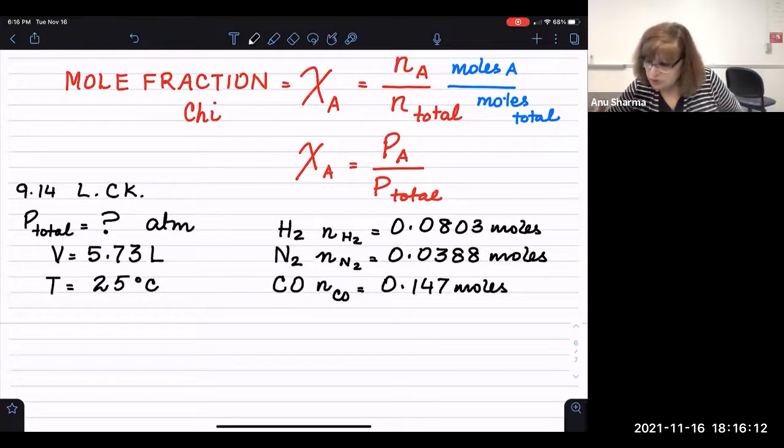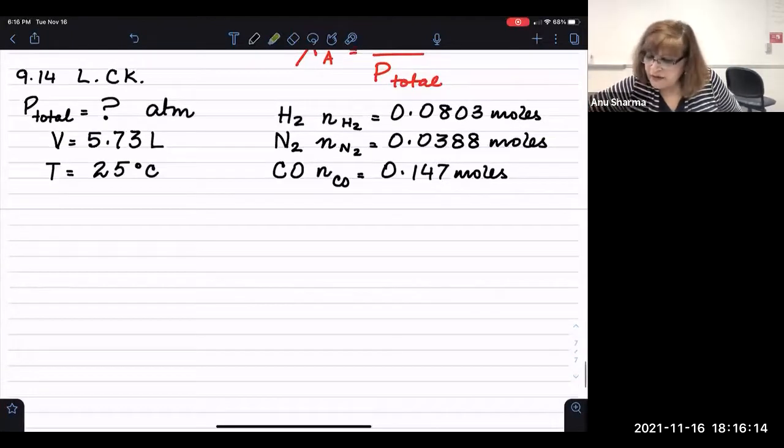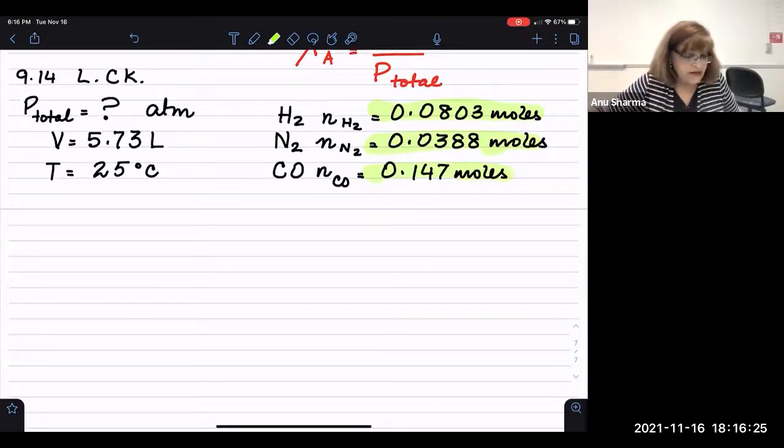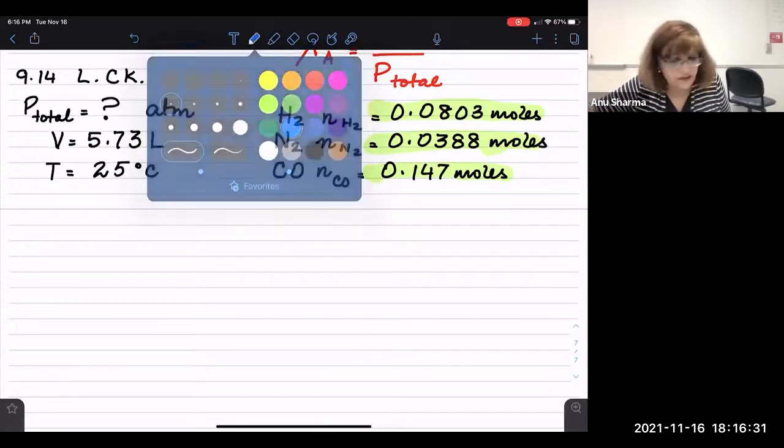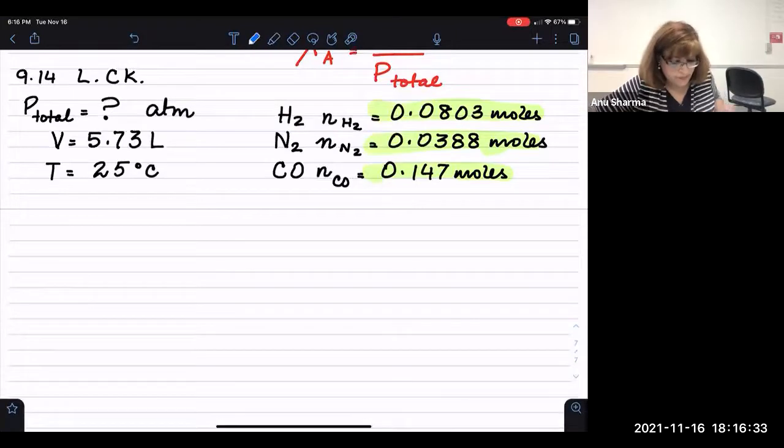You are given the individual moles, but you can find the total number of moles by combining these. And they are saying, what is the total pressure?